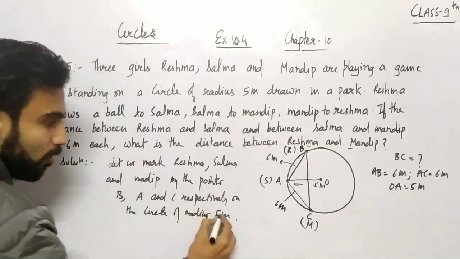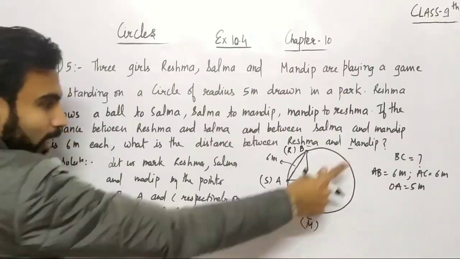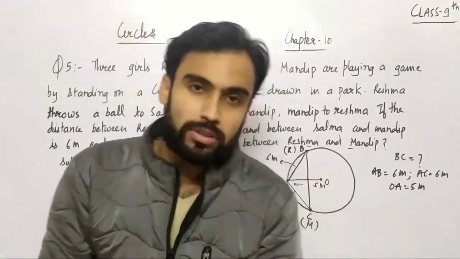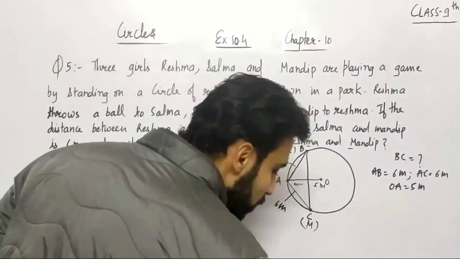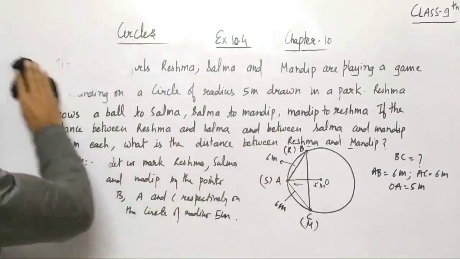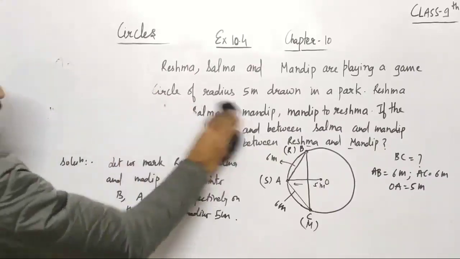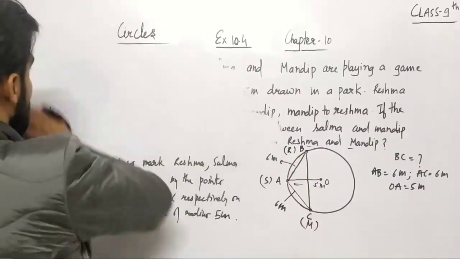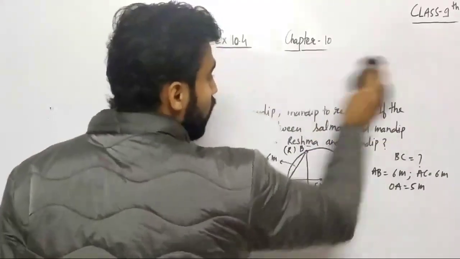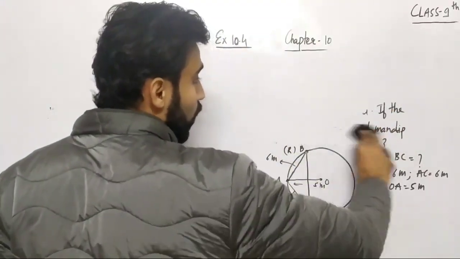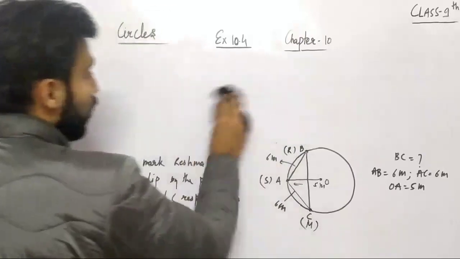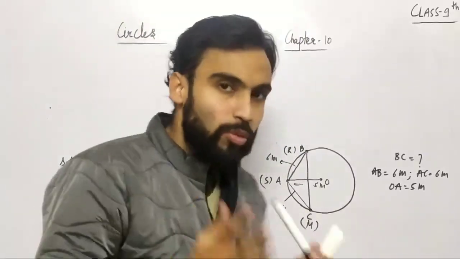So this is what we have drawn in this diagram here. So this is the first step. So now let us make some space here. Now let us move further now.